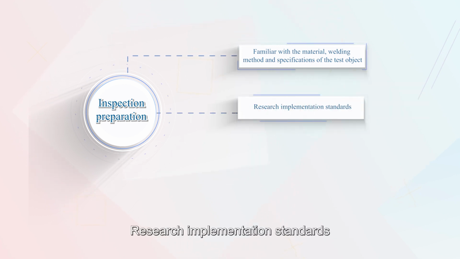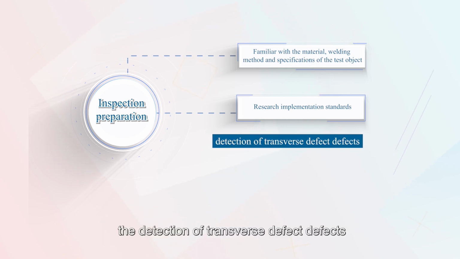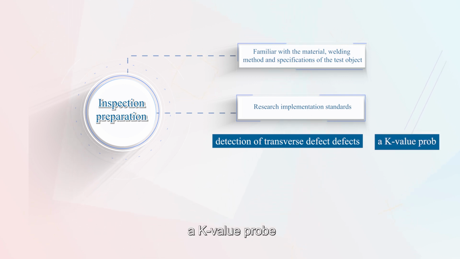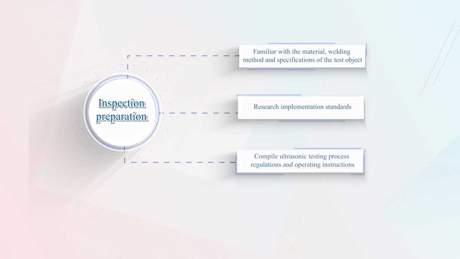2. Research implementation standards. In accordance with the provisions of level B in the implementation standard NB/T 47013-2015, for the detection of transverse defects, a K-value probe and single-sided and double-sided scanning should generally be carried out. 3.